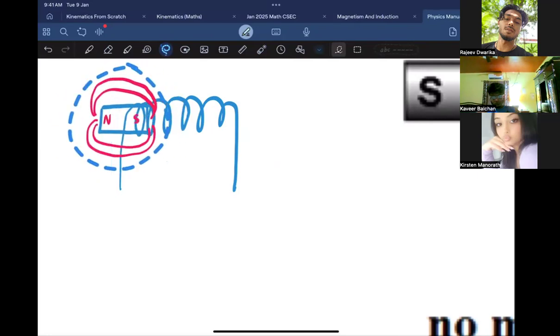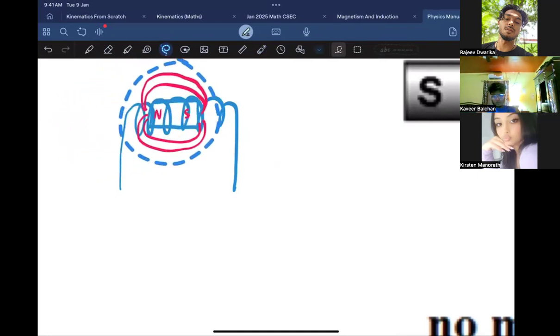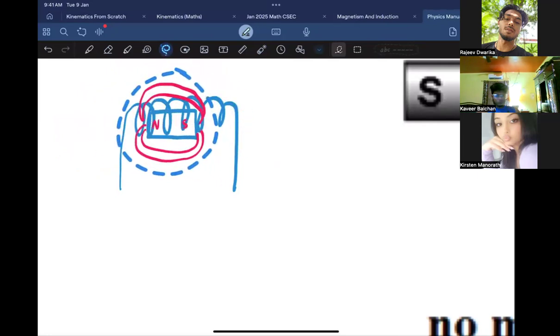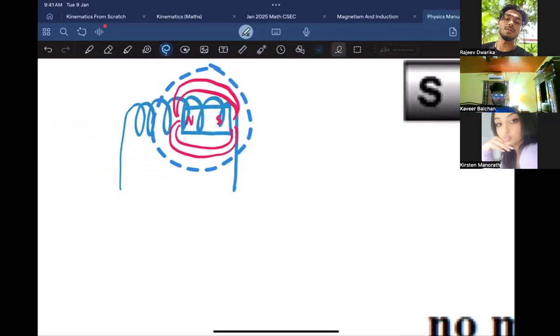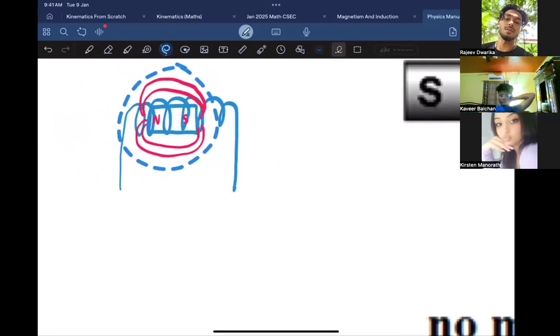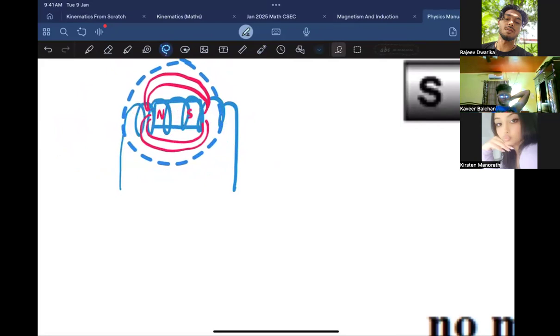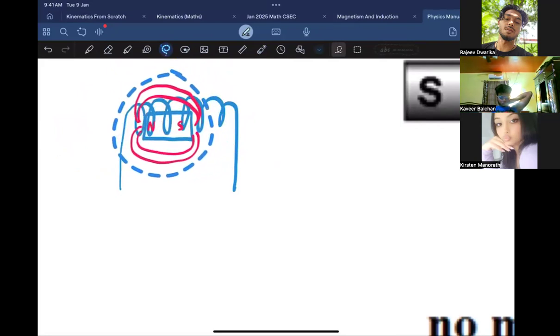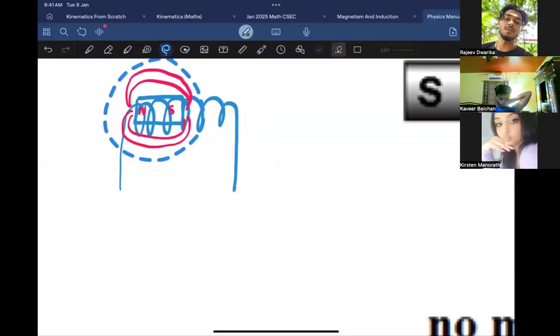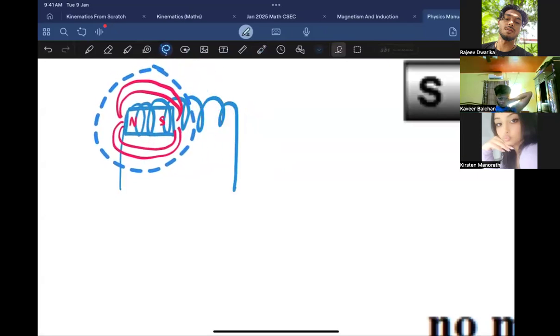What if I move it? What do you think if I move the magnet? Kristen, what do you think? Yes, if you move it, it matters, because look at the field lines, look at the magnetic flux. Is it cutting the coil, and is there a change in magnetic field?